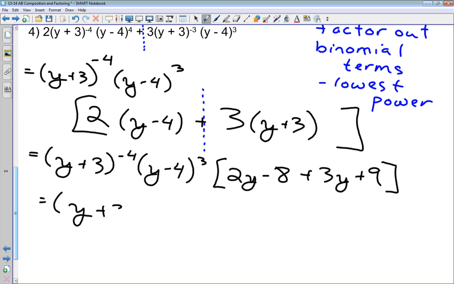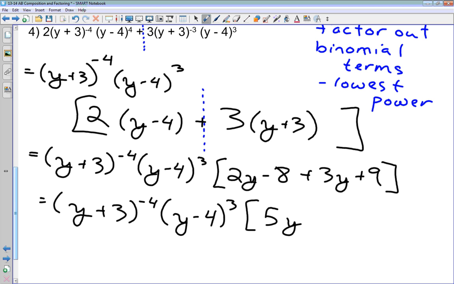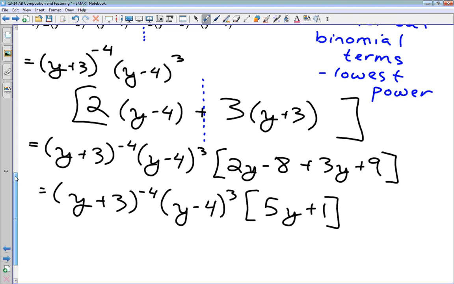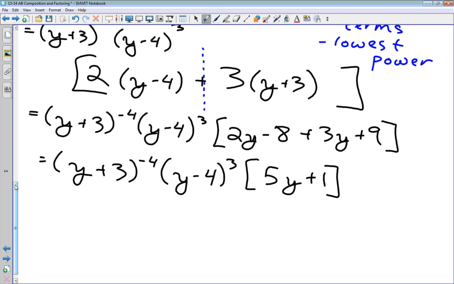And then collect our like terms. Let's see, 2y plus 3y gives us 5y, and negative 8 plus 9 gives us a positive 1. And so there we are. That expression is now in as factored form as we can get it. And we know it's factored form because it's something times something else times something else.